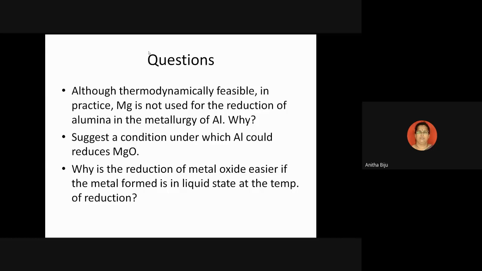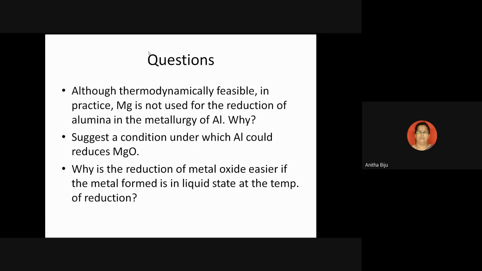So in Ellingham diagram, you can see that at this particular temperature range, the line for magnesium to magnesium oxide, that formation line lies above the line of aluminium oxide. You can see the Ellingham diagram. Only at this particular temperature, 1350 degrees Celsius, and above this temperature.